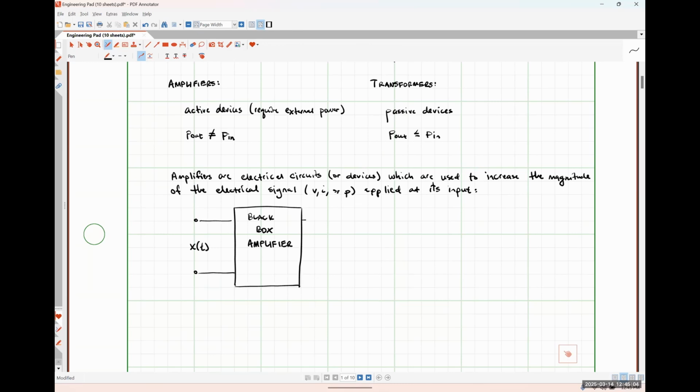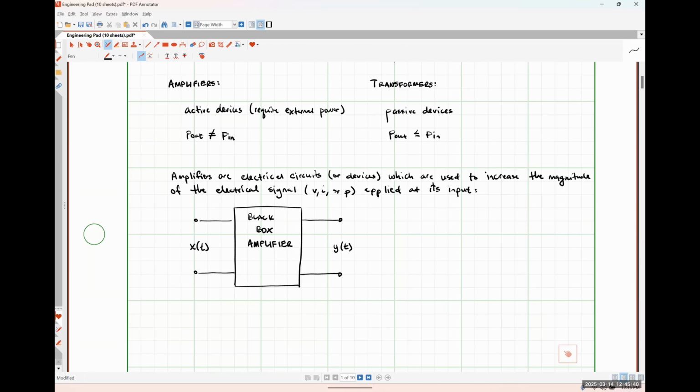And over here on the right-hand side of our black box amplifier, which is typically associated with the outputs, I'm going to have a signal Y of t, where X of t could be a voltage, a current, or a power, and Y of t could be a voltage, a current, or a power. And just for what it's worth, if I have a voltage in, I don't necessarily have to get a voltage out, and we'll talk about that in a moment.